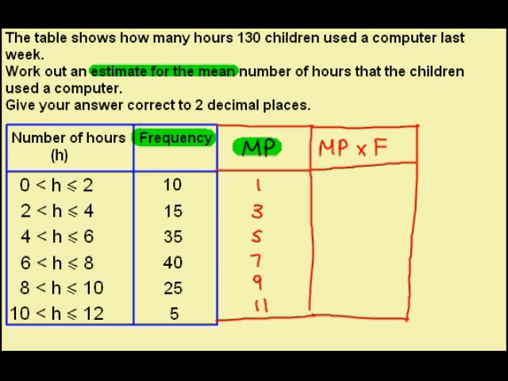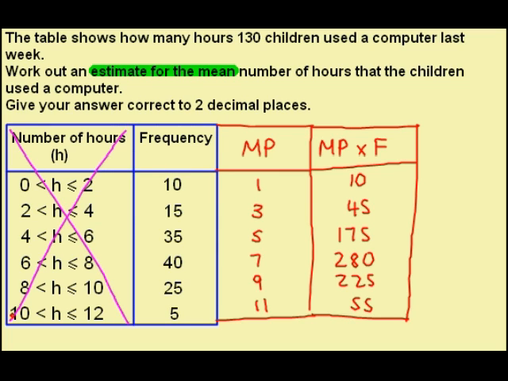This gives us 1 times 10 is 10, 3 times 15 is 45, then we have 175, 280, 225 and 55.